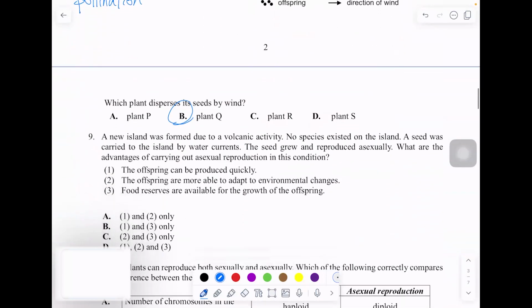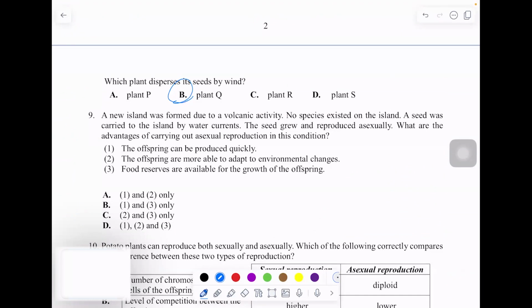Next, a new island was formed due to volcanic activity. No species exist on the island. A seed was carried to the island by a water current. Then the seed grew and also reproduced asexually. So what are the advantages of asexual reproduction in this condition? We can see that the offspring can be produced quickly.